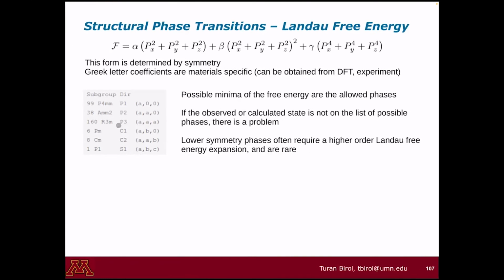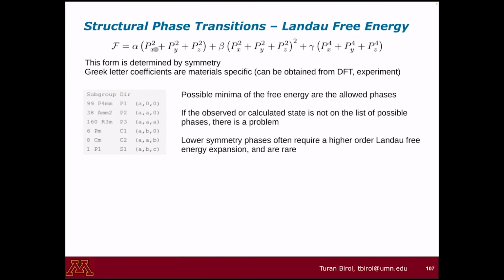So these phases that the ISOTROPY software suite told us could be the possible ground states, possible low energy structures, are all possible minima of this expansion. So for example, in order to have any one of these, technically, you need alpha to be negative.